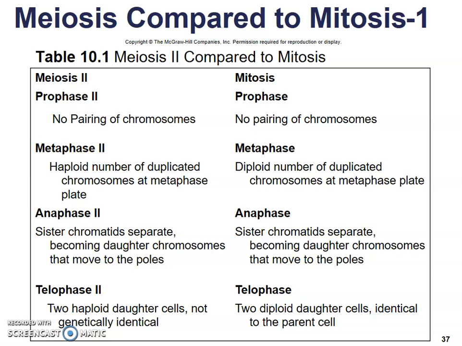And in telophase 2, 2 haploid daughter cells are formed from each cell that started meiosis 2. So we actually get 4 cells from the original 1 cell. In mitotic telophase, we only end up with 2 new cells that are identical to the parent.